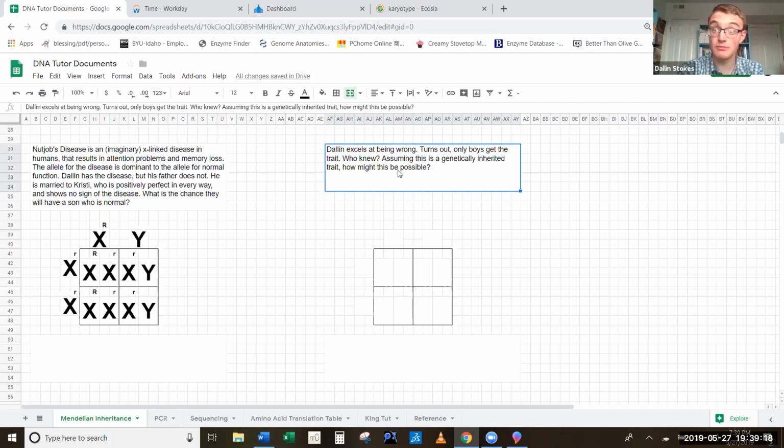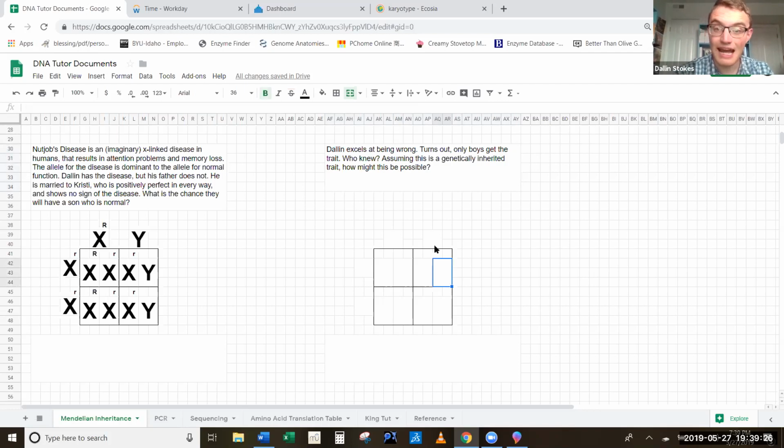A Y chromosome. This whole time we've just been doing X-linked ones, but the Y chromosome is still a legit chromosome and still has the ability to carry genes. So again, XY makes a male, XX makes a female, and the trait is going to show up on the Y chromosome and not on the X's.